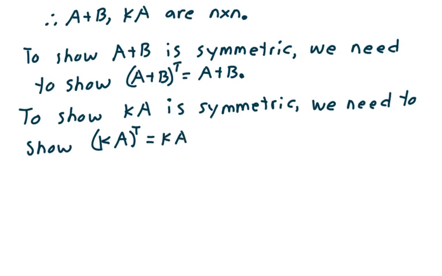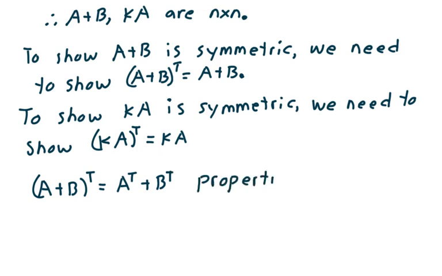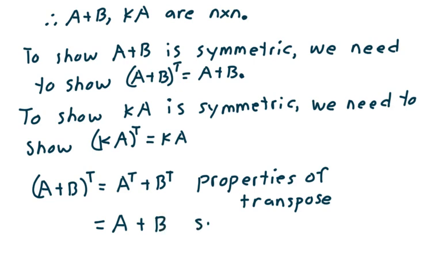Well, let's start with the transpose of A plus B. This is equal to A transpose plus B transpose. And this is the properties of the transpose. Right? Now, this is equal to A plus B, since A and B belong to W. And if A and B belong to W individually, they are symmetric matrices.